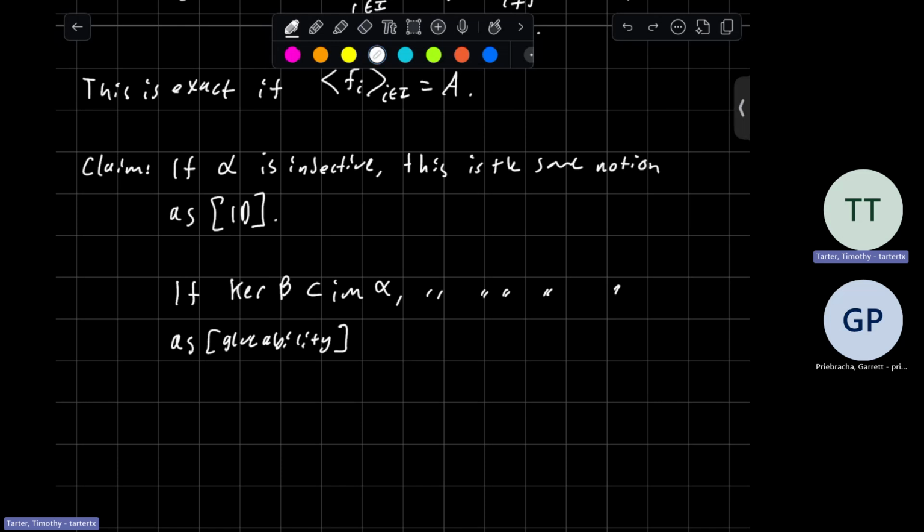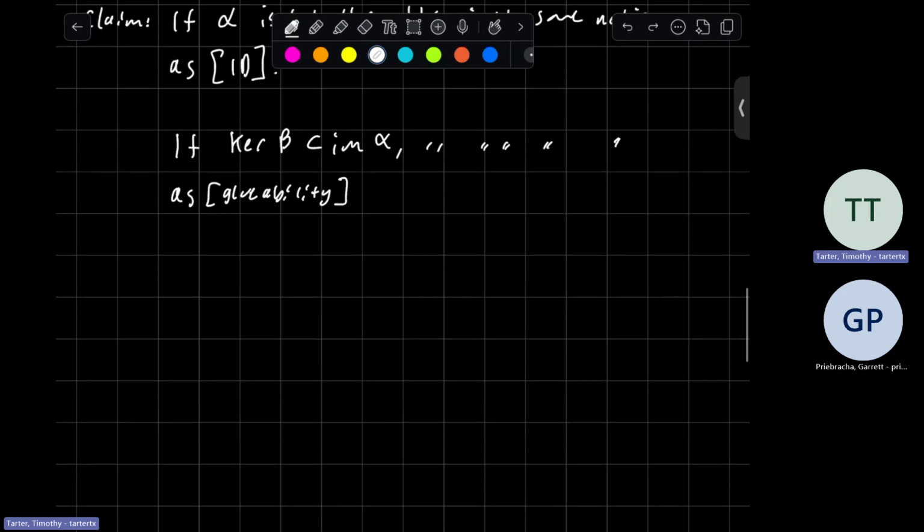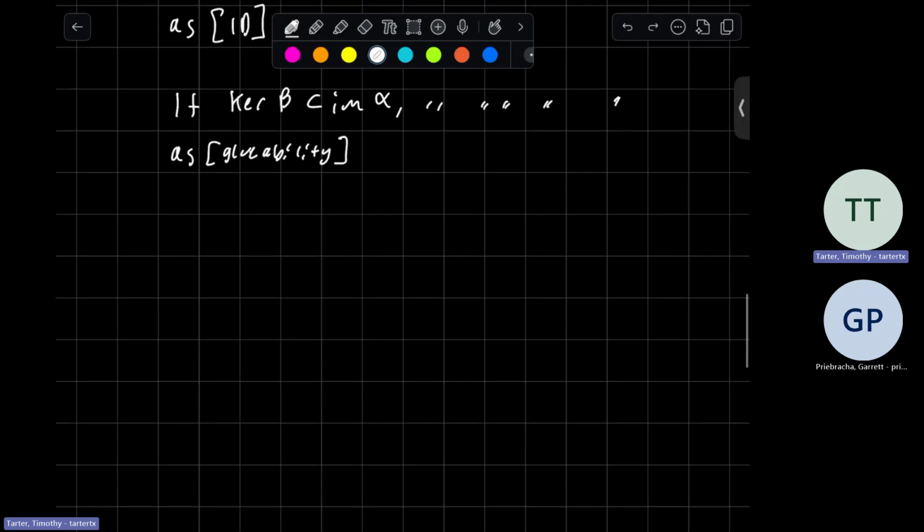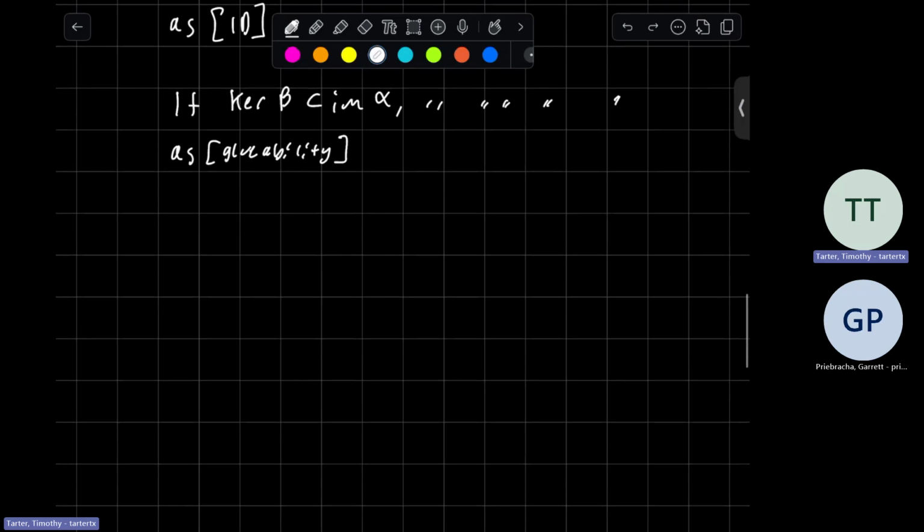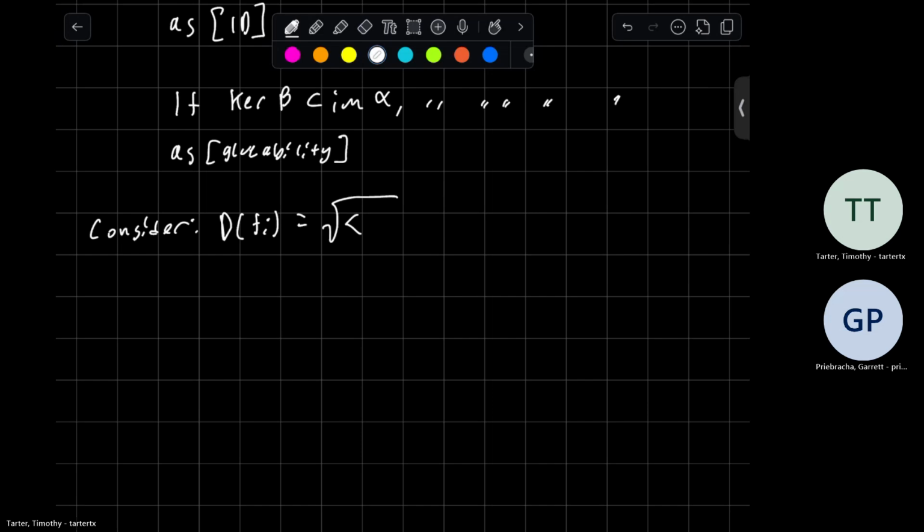Okay. And so now we maybe want to look for a trick. So now consider that D(f_i) is really, is that true?